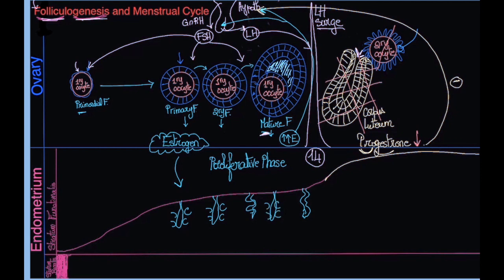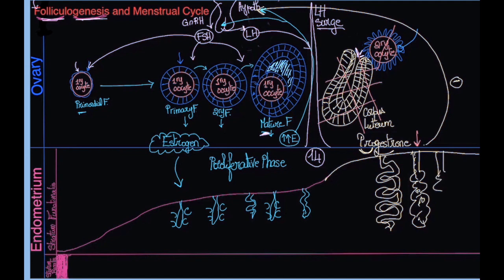Compared to the progesterone, it's going to be engorging the vessels with blood. Those are the spiral vessels of the endometrium. I am filling them with blood, and I will be filling the glands with secretions. And that's why we call this phase of the menstrual cycle the secretory phase.